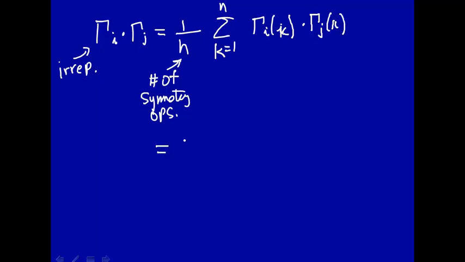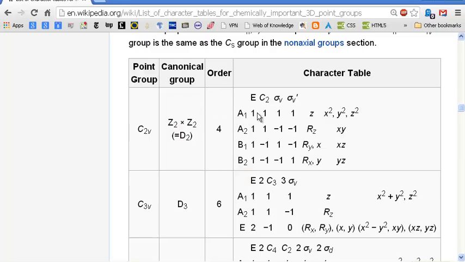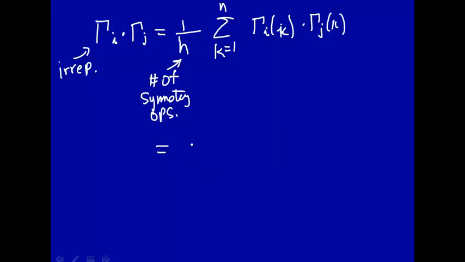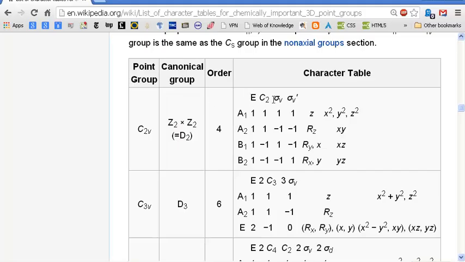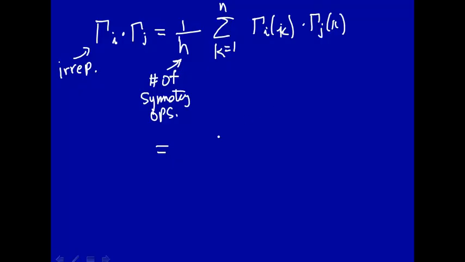And I maybe haven't written that quite right, but for example, let's do A1 times A1, okay? So A1 times A1. How many symmetry operations are there? There's 1, 2, 3, 4 symmetry operations. So this is 1/4. This is for A1 times A1, and you usually give this an X with a cross around it, or a plus with a cross around it, or a circle around it. That's 1/4.